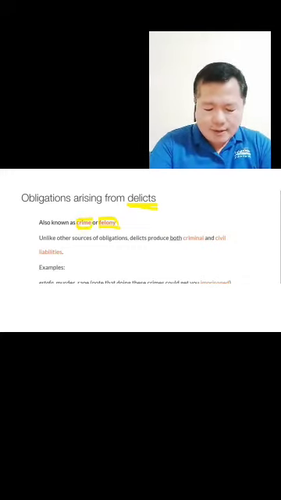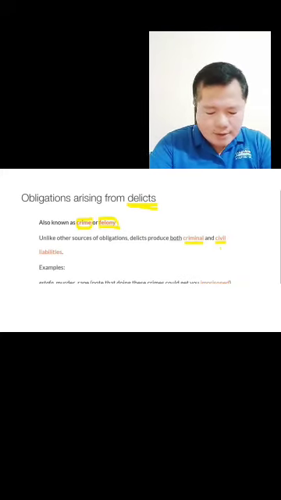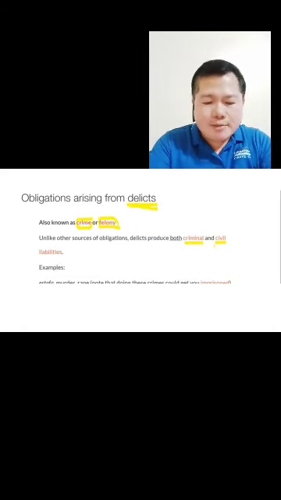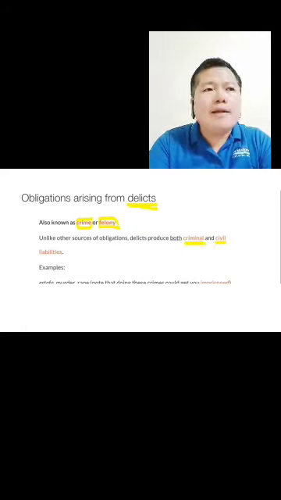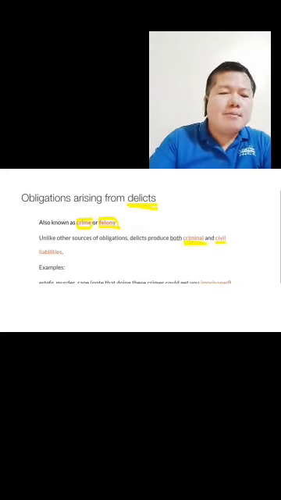It is said, unlike other sources of obligation, delicts produce both criminal and civil liabilities. Civil liability means a case filed in court, and once the decision of the court is against you, you are required to pay damages. While criminal liability naman is the penalty of which is imprisonment.